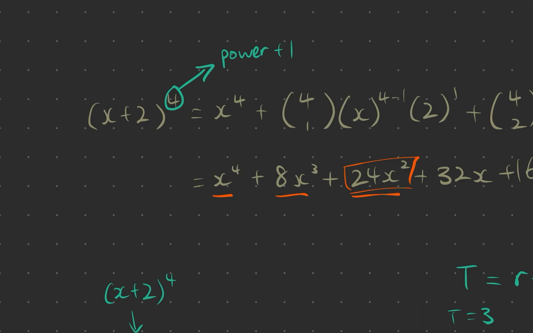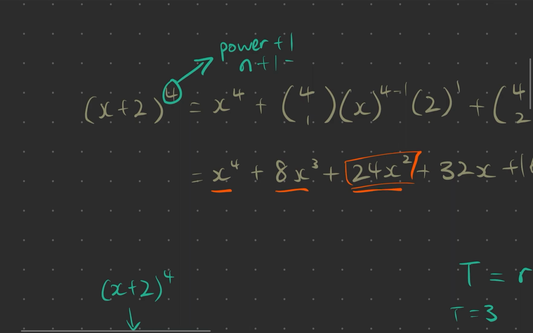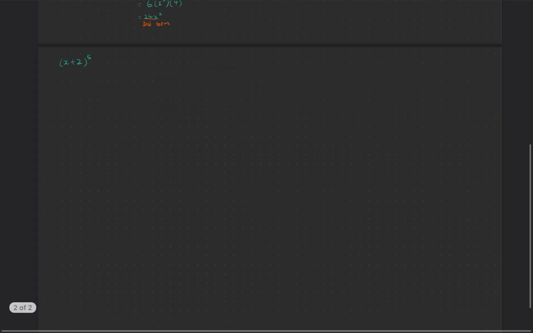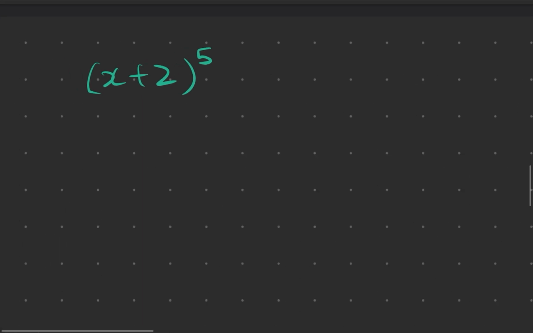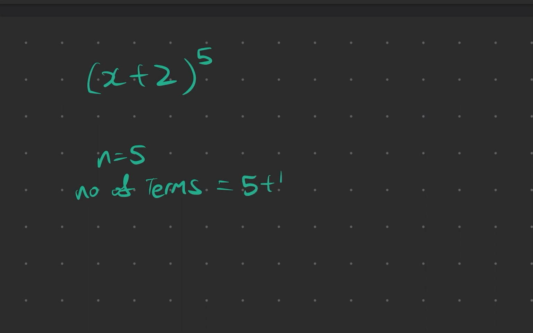Or in mathematical terms, it's just n plus 1. Okay? So that's the amount of terms you have. So in this binomial expansion, since our power is 5, n equals 5, so the number of terms we will have will equal 5 plus 1, which is 6. So in this expansion, we will have 6 terms.